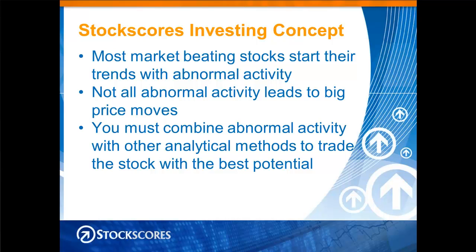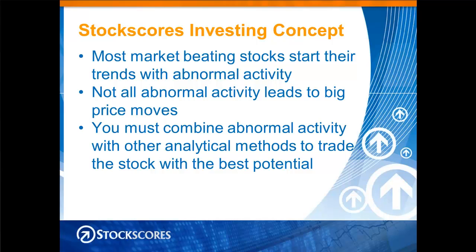And that characteristic is abnormal activity. And it doesn't matter whether I'm day trading to hold a stock for an hour, whether I'm swing trading to hold a stock for a week, or whether I'm position trading to hold a stock for months or perhaps even years. All of these market-beating trends start with abnormal trading activity.